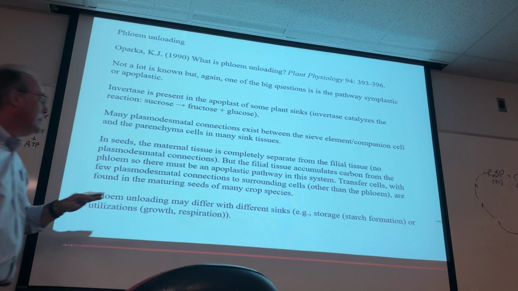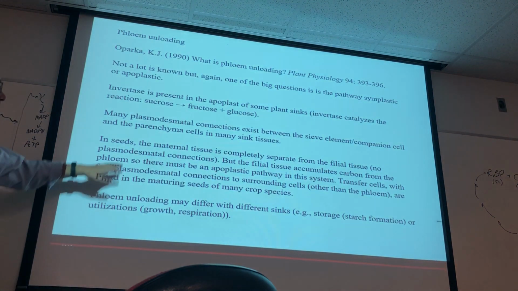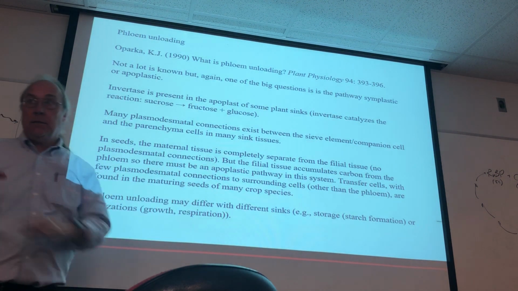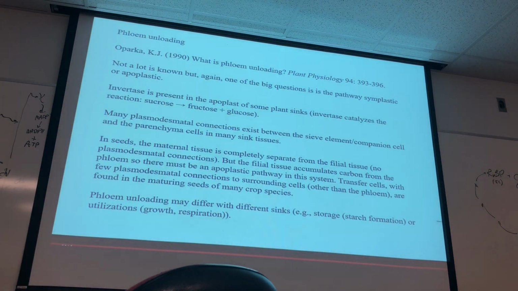But in some tissues, for example in seeds, the maternal tissue and the filial tissue are completely separate. No plasmodesmatal connections at all between those two tissues in any plant that has seeds that develop. Totally cut off plasmodesmatally, if I could say that word.